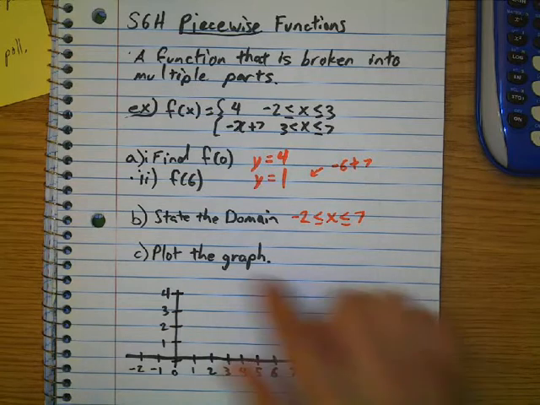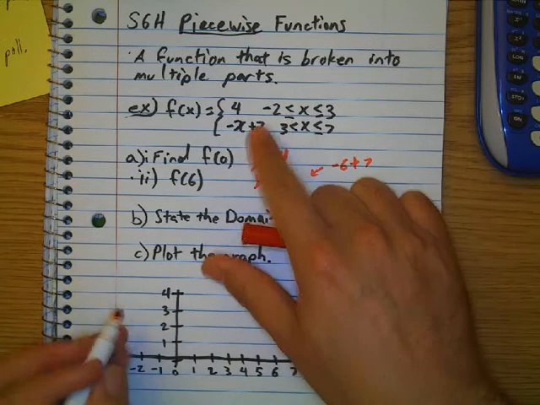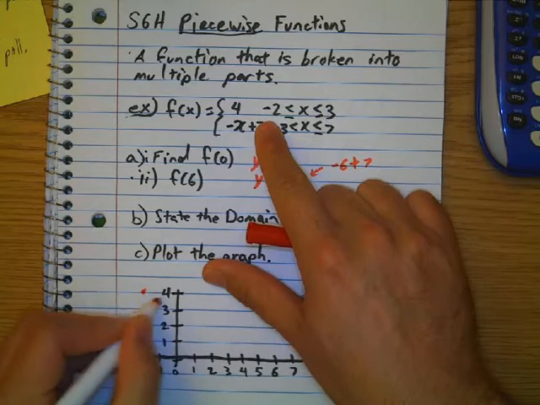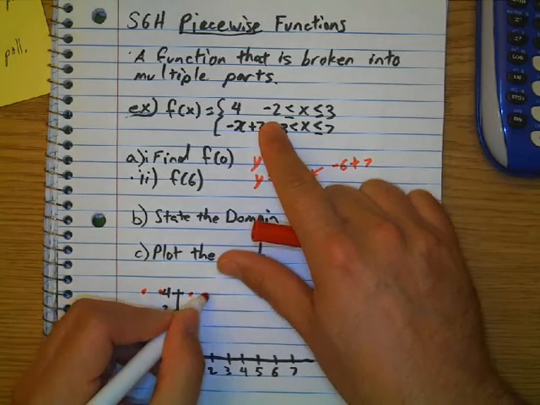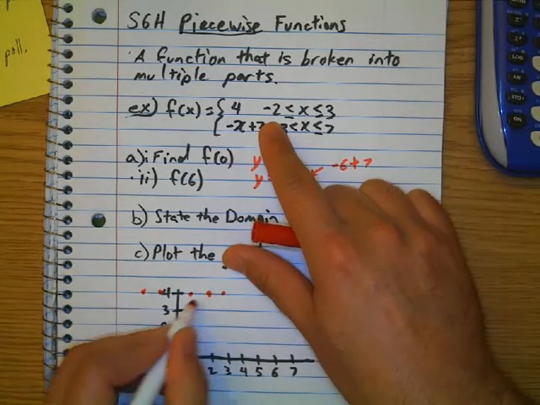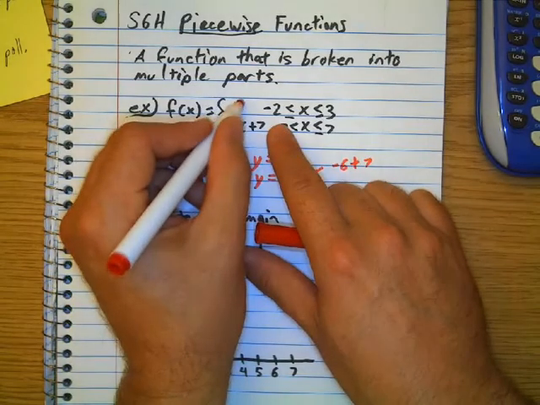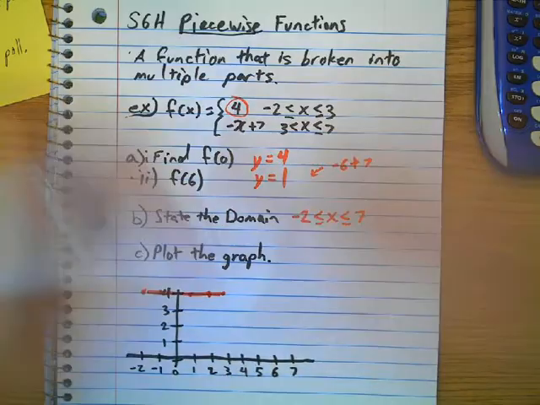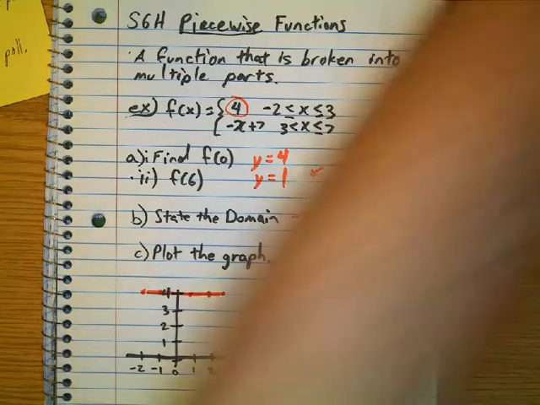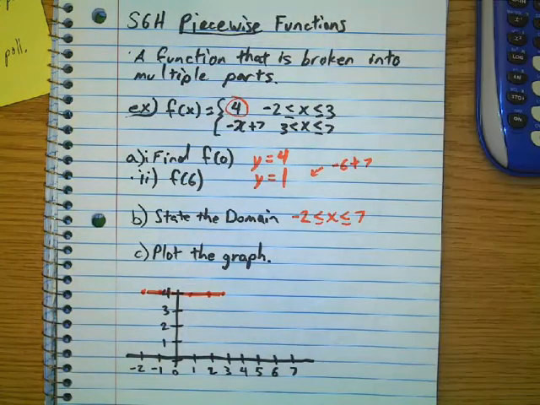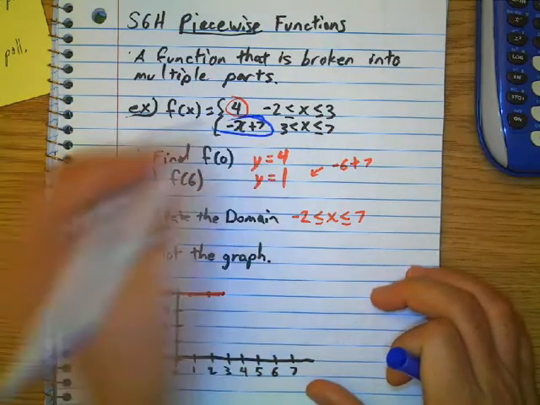Okay, and then we're going to plot this. So for values between negative 2 and 3, our equation of the line is 4, right? Now, for values greater than 3, we're going to use that equation.